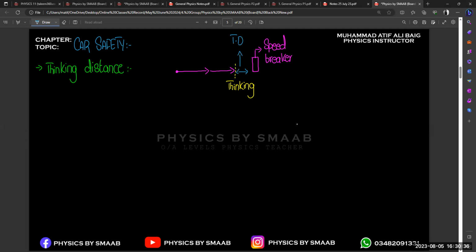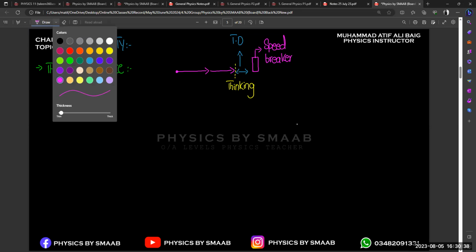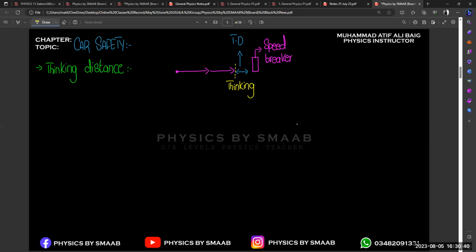If we want to write the definition, or explain this term briefly, you can simply say: the thinking distance is the distance traveled during the driver's reaction time, before the brakes are applied.